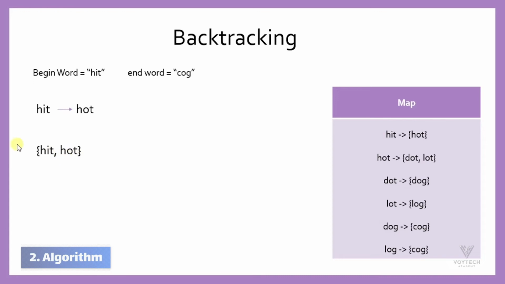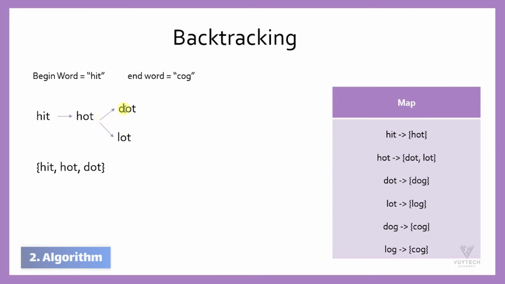So after that, what is the next possible transformation after hot? Well, there are actually two transformations. There is dot and lot. So you can choose whichever you want. We have to choose one of these at first and then we'll backtrack and choose the other one.